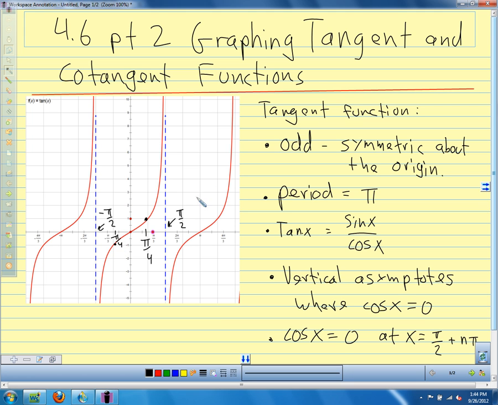If I plug pi over 4 into my tangent function, the tangent of pi over 4 is 1. The tangent of negative pi over 4 is negative 1. And that's how I check to see if it's positive or negative. And that's how that a value tells us about our stretch. Depending on that a value, our tangent function is going to be stretched vertically or horizontally.